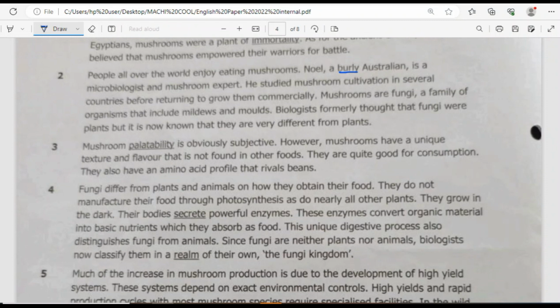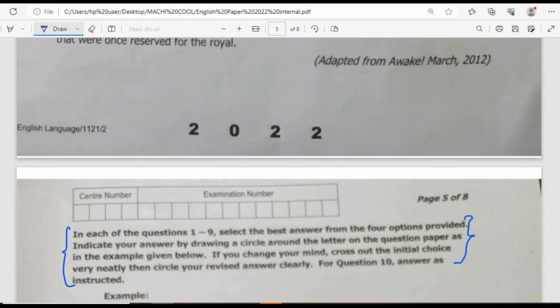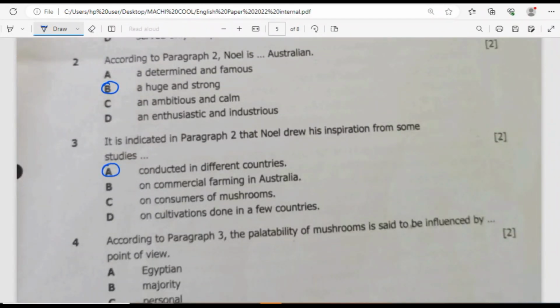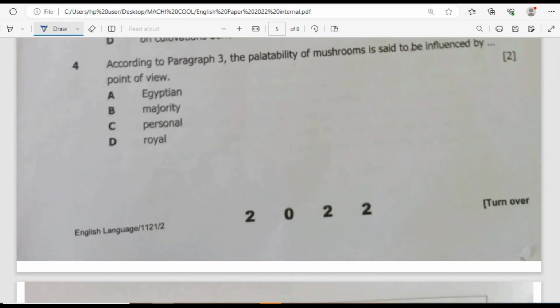They are quite good for consumption. They also have an amino acid profile that reveals beans. So let us look at the answers. We have Egyptian, majority, personal, and royal. So the answer here is personal.